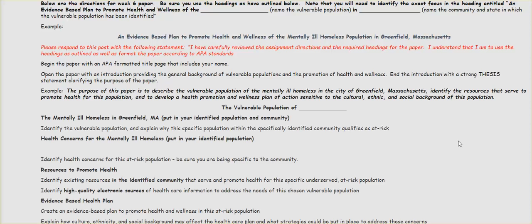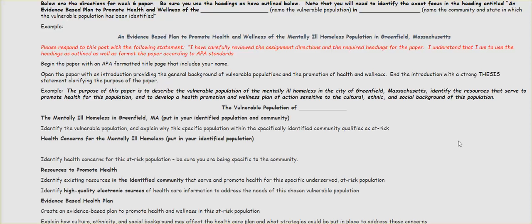I would qualify this section to say it is sources for you as the healthcare provider, as opposed to the population in this case anyhow. I certainly wouldn't be looking at high quality electronic sources to provide to the homeless mentally ill because I wouldn't think they have easy access to it.